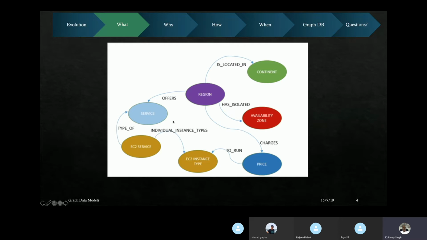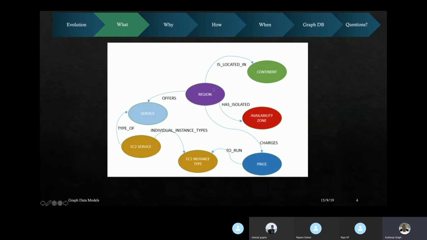Using this model, let's say I have to ask which is the cheapest EC2 service available in North America. If you see, this query is quite complex, though it's a very realistic real world scenario. Trying to convert it into a mechanism to save and retrieve data is complex.